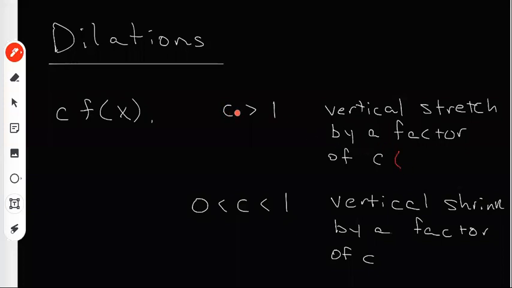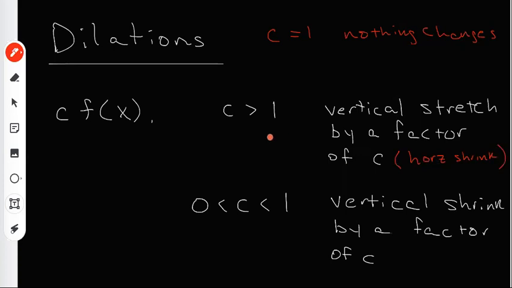If c is equal to 1, then nothing changes. But if a number is greater than 1 and you're multiplying on the outside by that, you're vertically stretching. Now, a vertical stretch is actually the same thing as a horizontal shrink. So I'm going to write horizontal shrink in here.